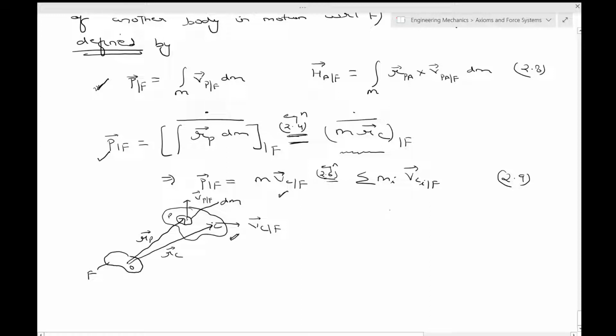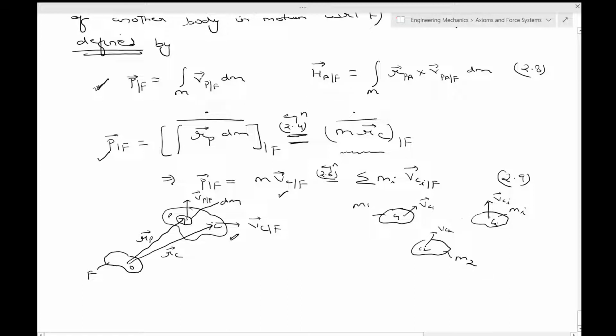Now if there are individual parts, this is m1, this is m2, this is mi, so this is c2, this would be velocity of c2.